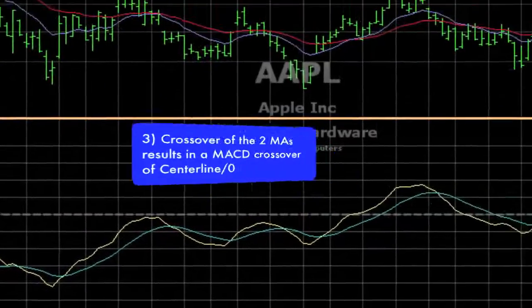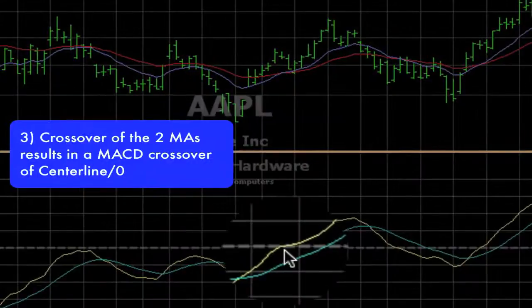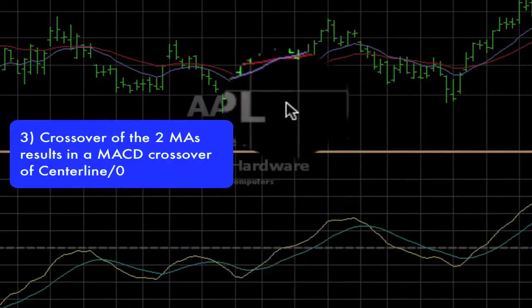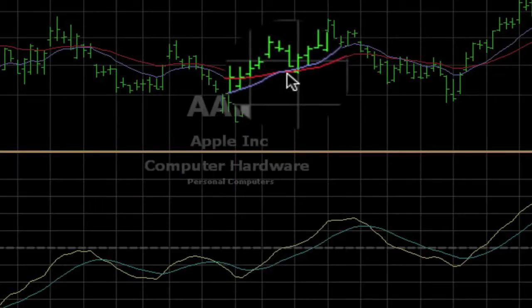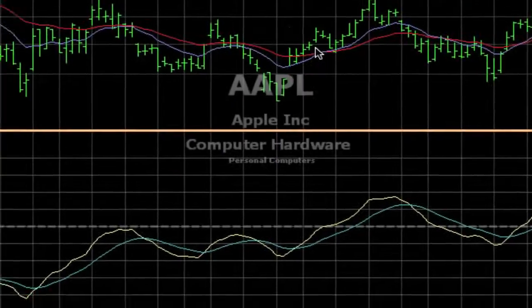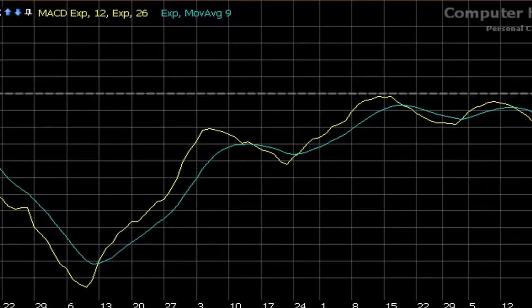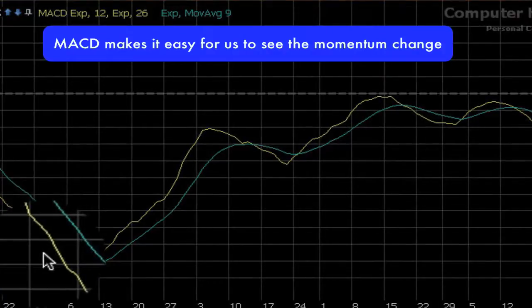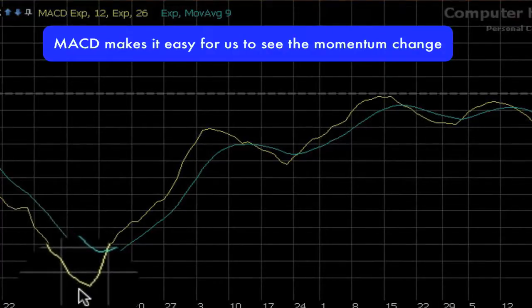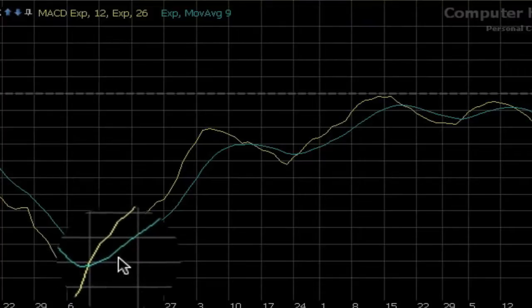And third, when the MACD line crosses through the center line, it tells us that the two MAs are crossing over. The gap between the two MAs shows the momentum. So the MACD line gives us an easy way to see that the momentum is changing.